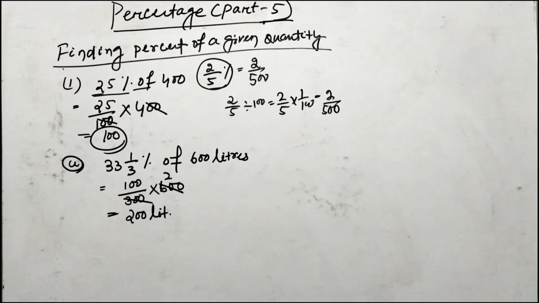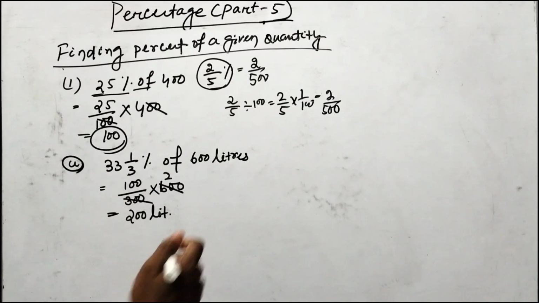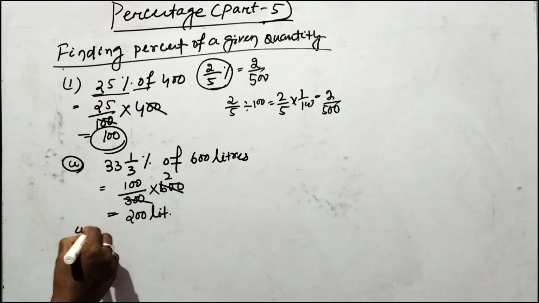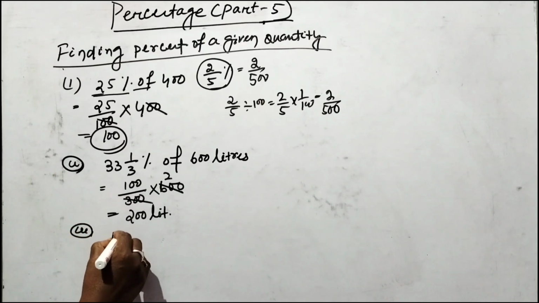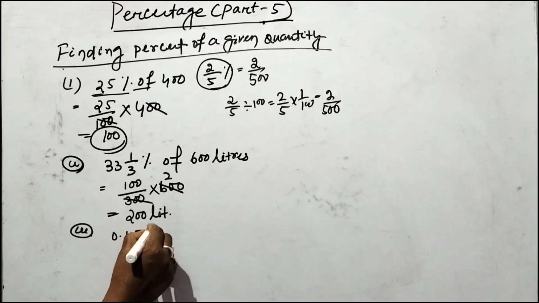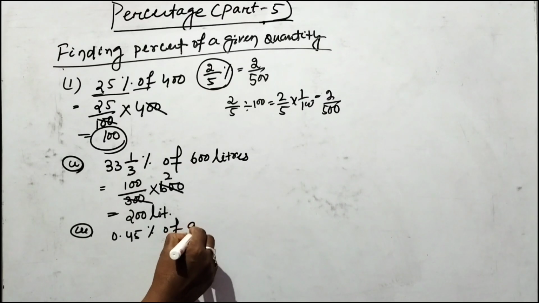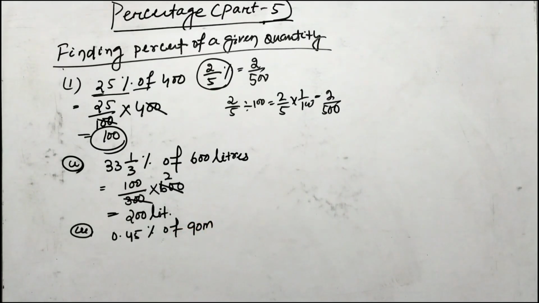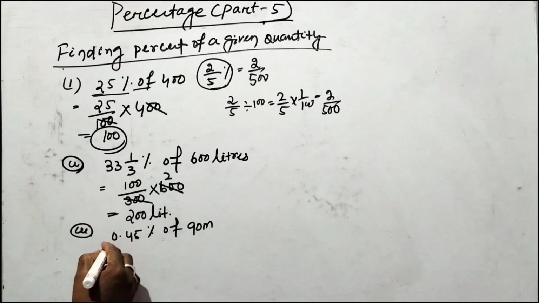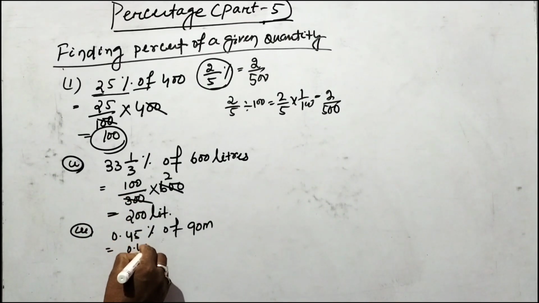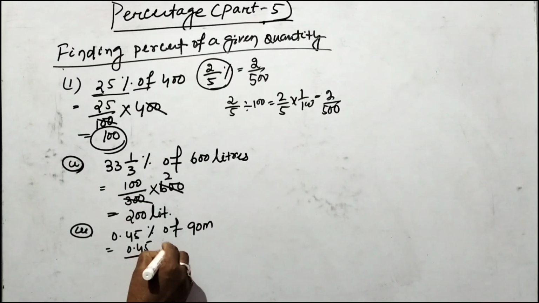So 33 whole 1 by 3% of 600 liters is 200 liters. But in case of a decimal, suppose it is given that 0.45 percentage of 90 meters is equal to how many meters? As you know, 0.45% means 0.45 by 100 into 90.